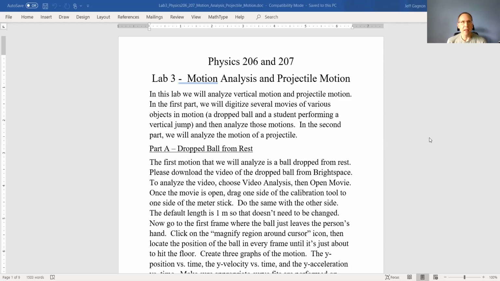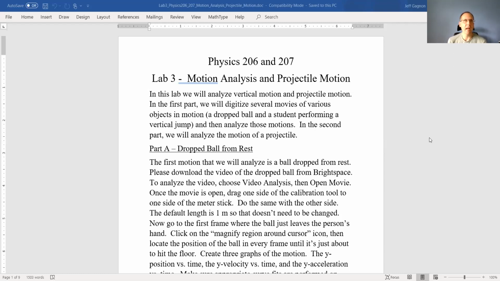And then the second part of this experiment, we'll look at projectile motion, which is like two-dimensional motion. I have collected some data, so you can look at the video where I show you how I collected the data. You're going to analyze the data that was collected.